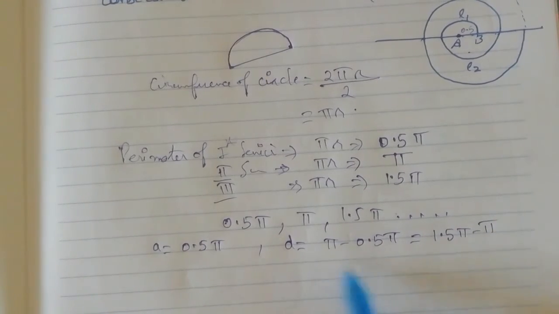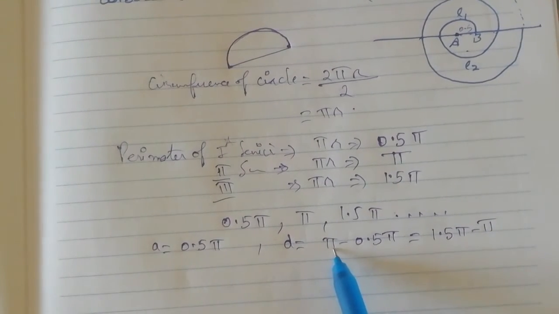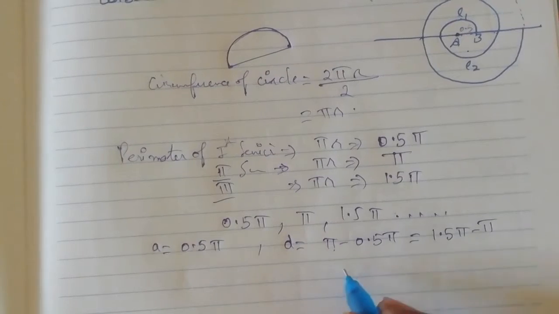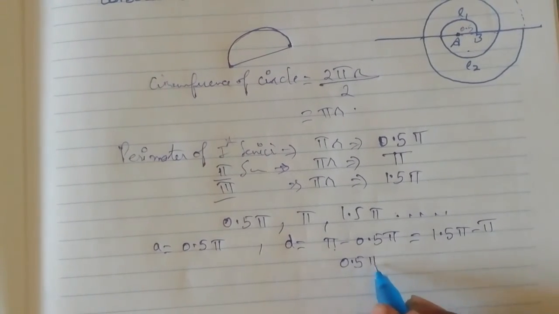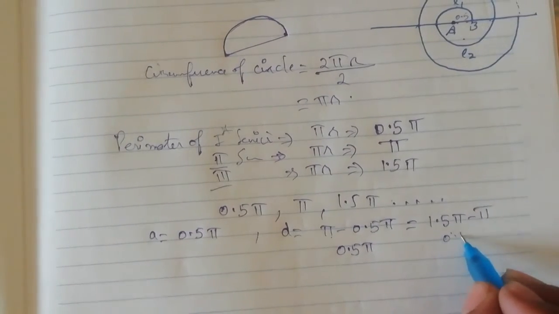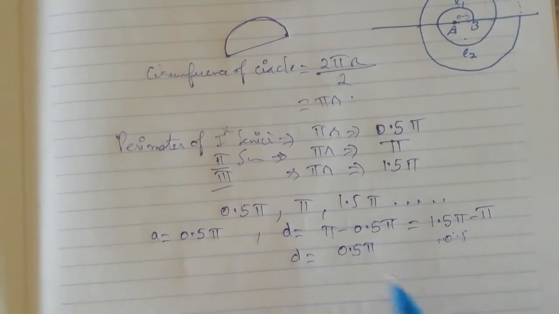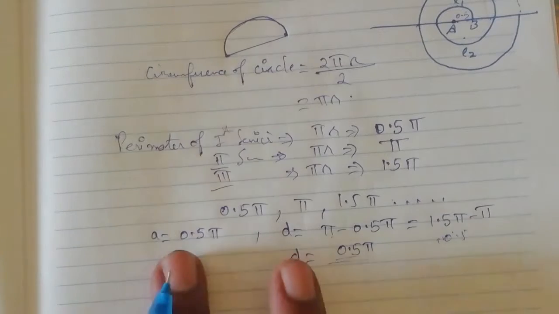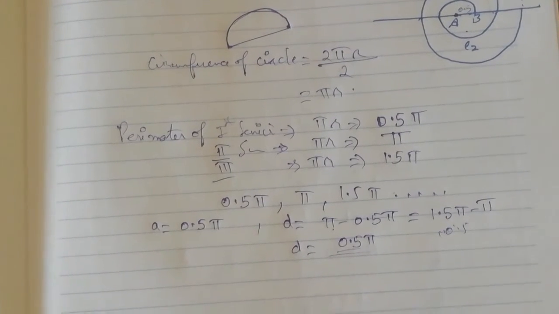This is nothing but 0.5 pi. So the common difference is 0.5 pi, and the first term is also 0.5 pi.